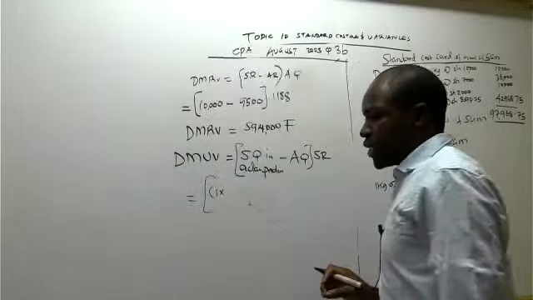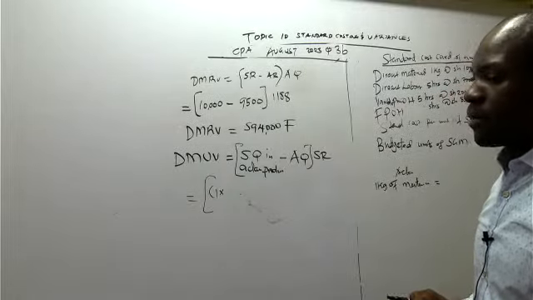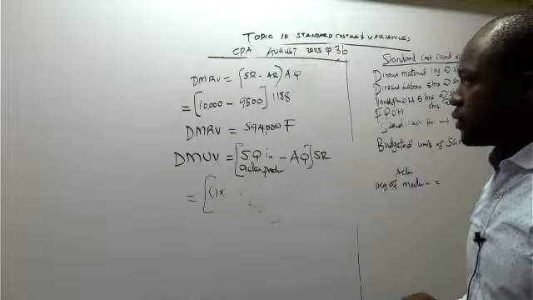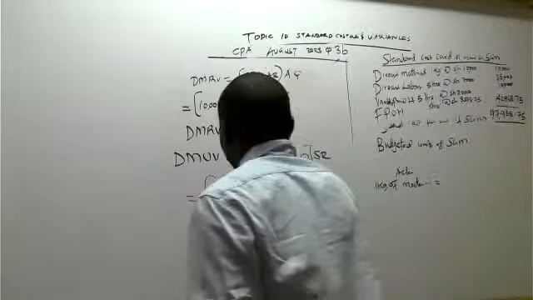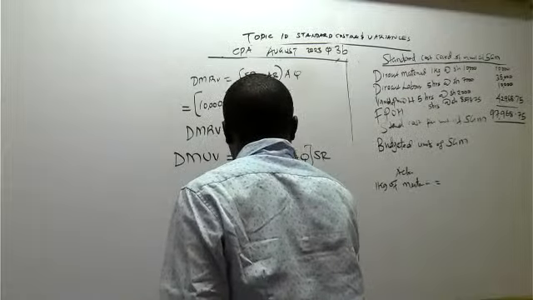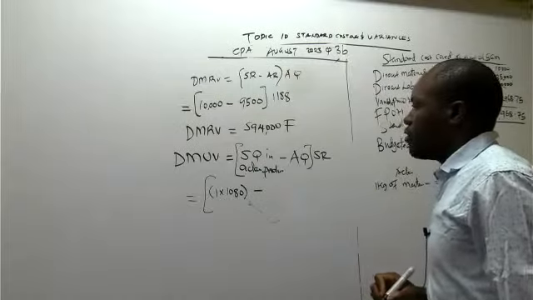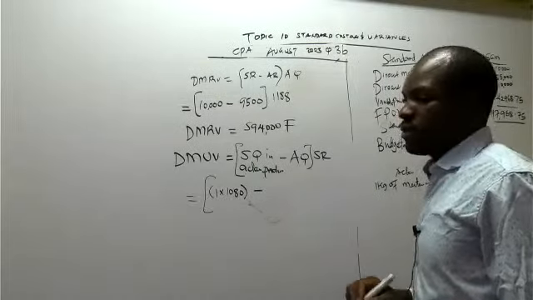What is our actual production of SGM? Actual production of SGM ni ngapi? Actual production ni 1080. Ukifanya hivyo, this one here you're going to compare with actual quantity. What is the actual quantity of raw material which was utilized?